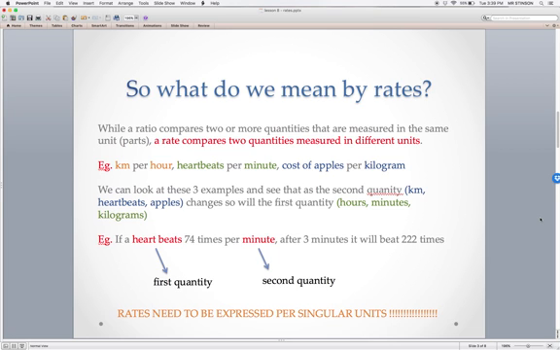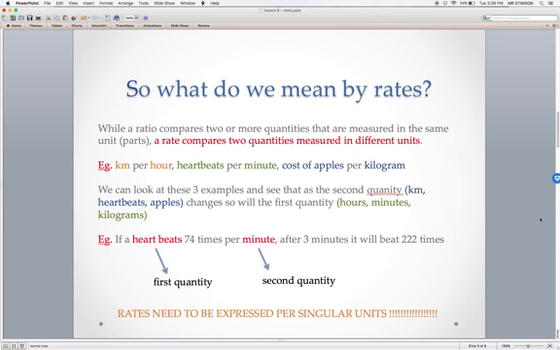We're looking at rates, but let's look at what the difference between ratios and rates is. Read with me. While a ratio compares two or more quantities that are measured in the same units, or parts as we call them, a rate compares two quantities measured in different units.